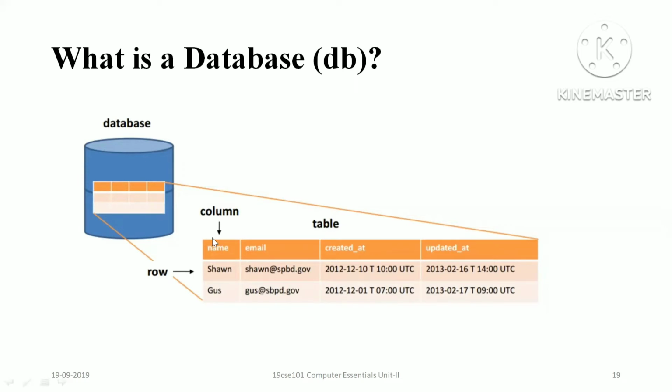This is column, or we can also tell field. And the data of each person is known as row or record. Name, email, created at, updated at, these are columns, and these are our rows. Understood? Or we can also tell record.